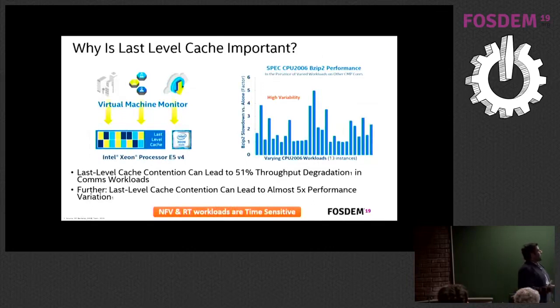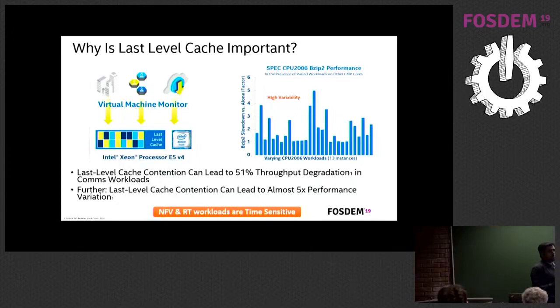Just to give you an idea why last level cache is important: across a CPU you might have multiple workloads running, but the last level cache is always shared across these multiple workloads. This sharing of the resource often leads to up to 51% of throughput degradation in comms workloads.